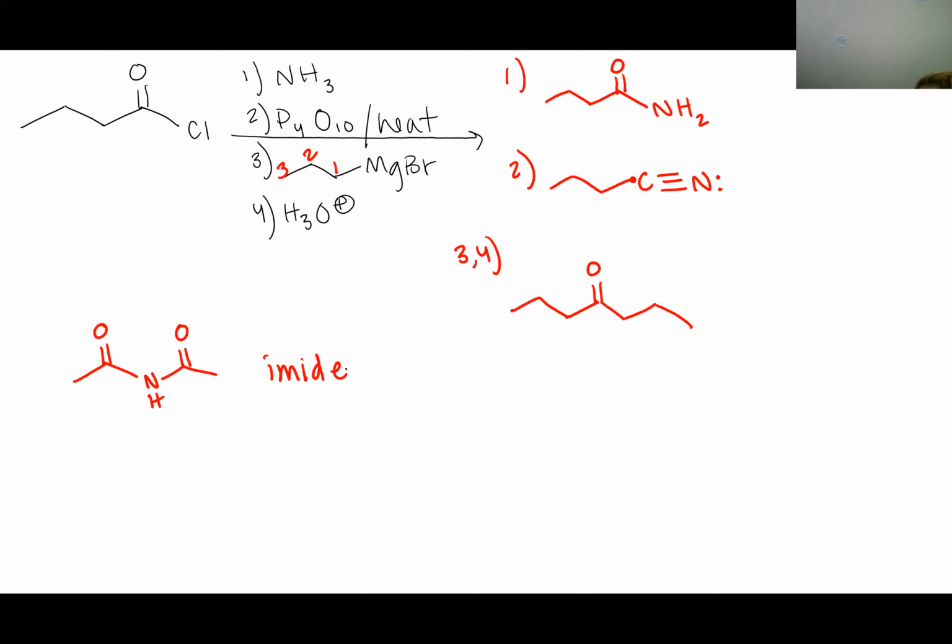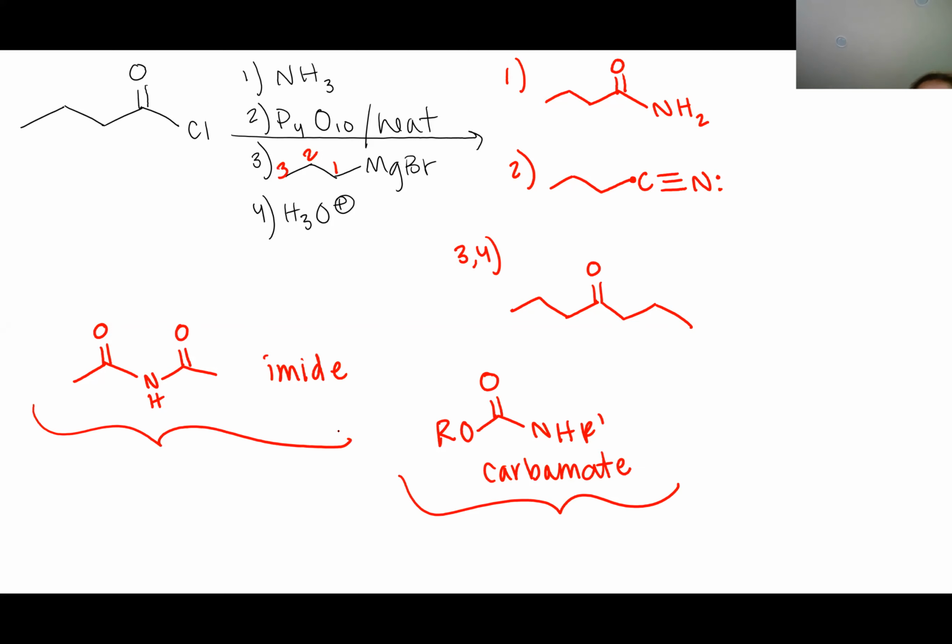Somebody asked if it was a carbamate, and a carbamate is like a weird ester that also has an amide. So this is a carbamate, a functional group from the end of this chapter. This one I never gave a name to, but this is an imide.